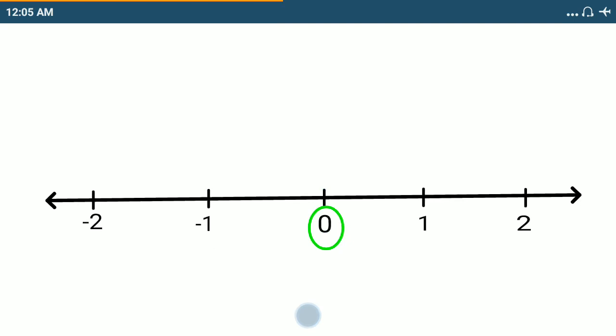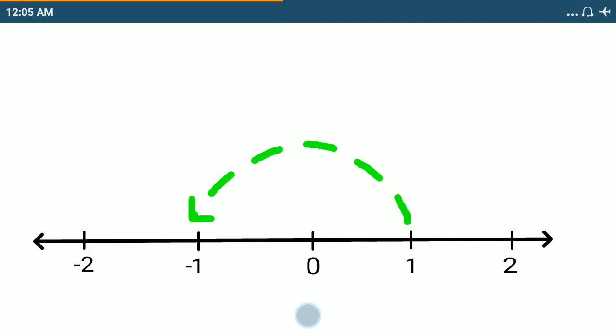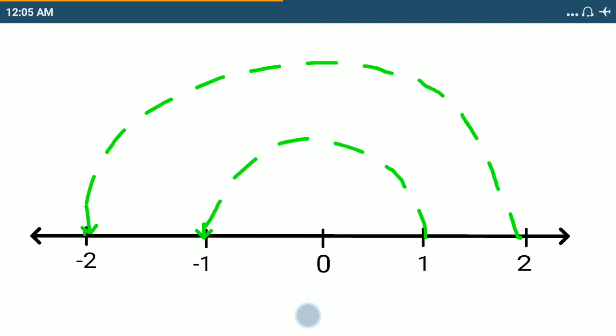The integer 1 has -1 as its additive inverse, and the integer 2 has -2 as its corresponding integer.